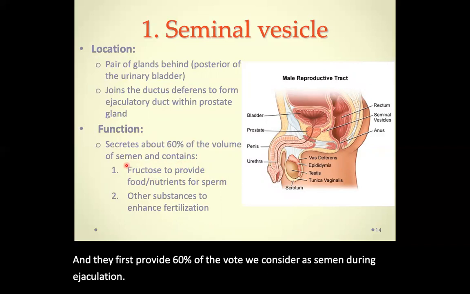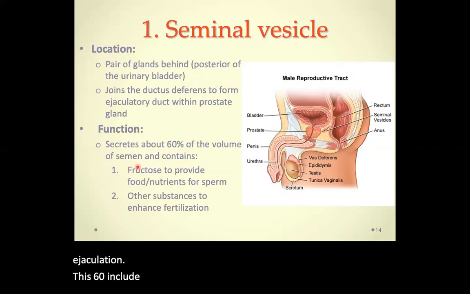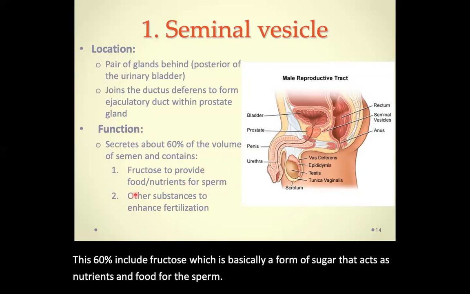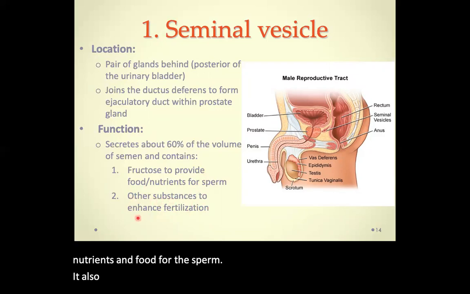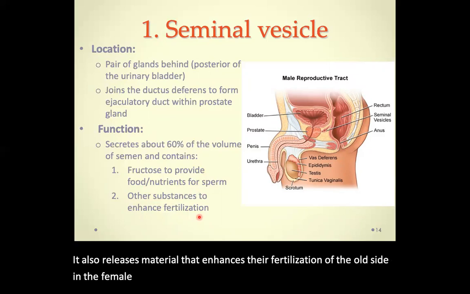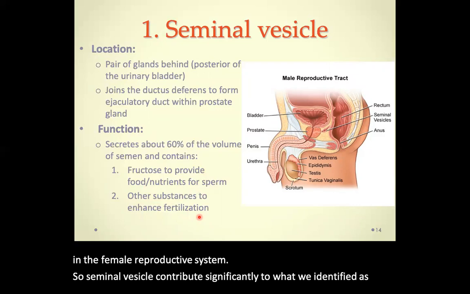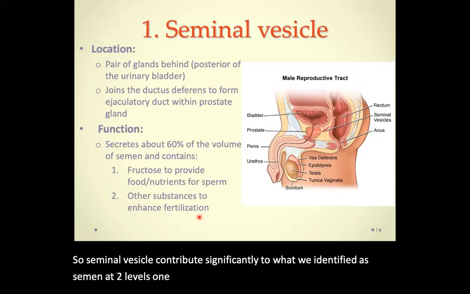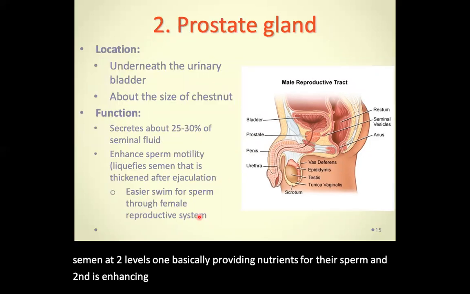This 60% includes fructose, a form of sugar that acts as nutrients and food for the sperm. It also releases material that enhances the fertilization of the oocyte in the female reproductive system. So, the seminal vesicle contributes significantly to semen at 2 levels. One, providing nutrients for the sperm, and second, enhancing the chance of fertilization.